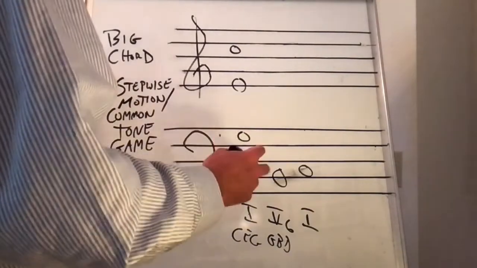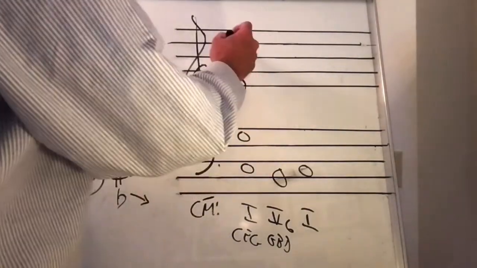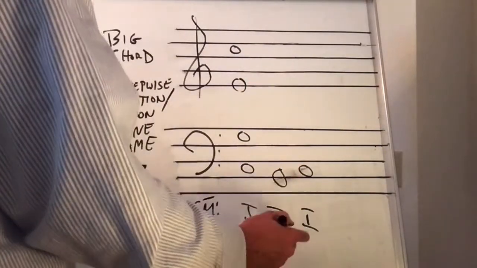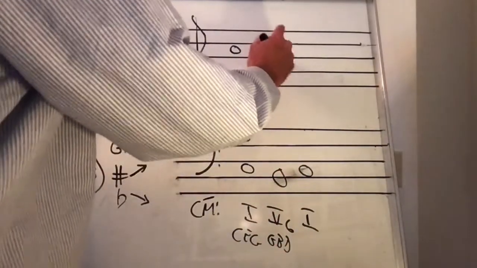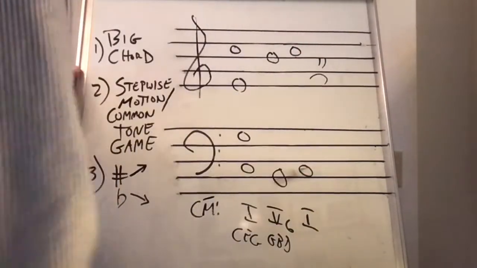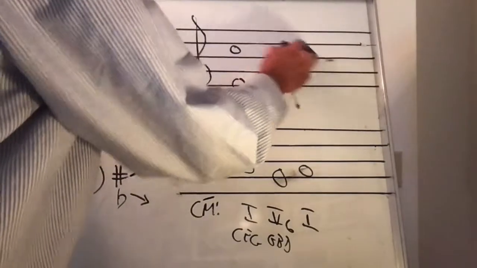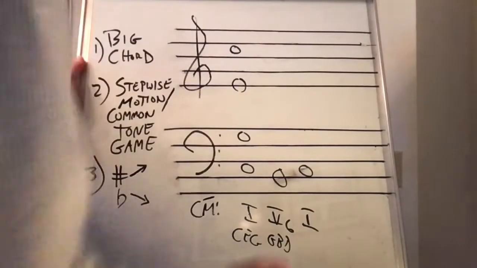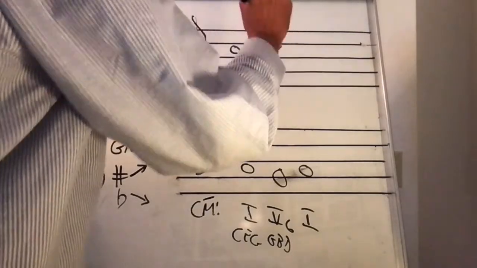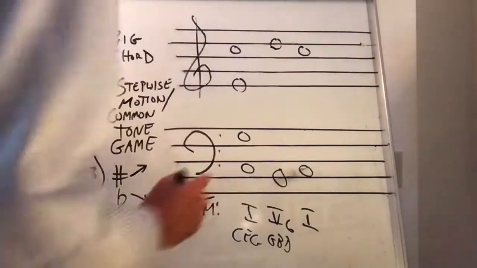And now some students sometimes forget that you can't double the leading tone, and they'll go C, B, C up here. This is wrong, okay? This is not good. So I cannot double the leading tone, which is B, so I'm going to go to a D here instead. Okay, and I'll go back to the C here.